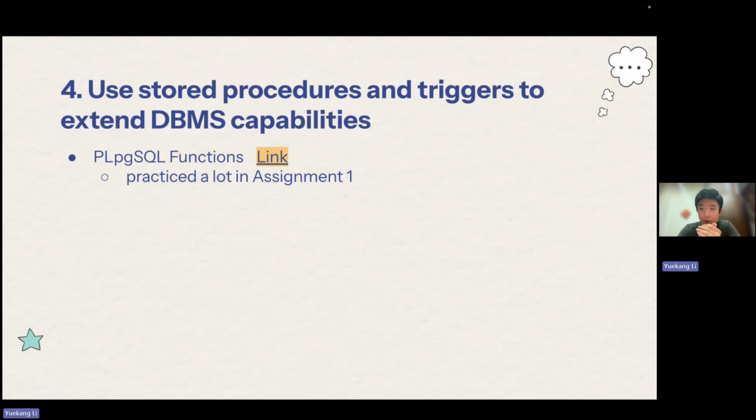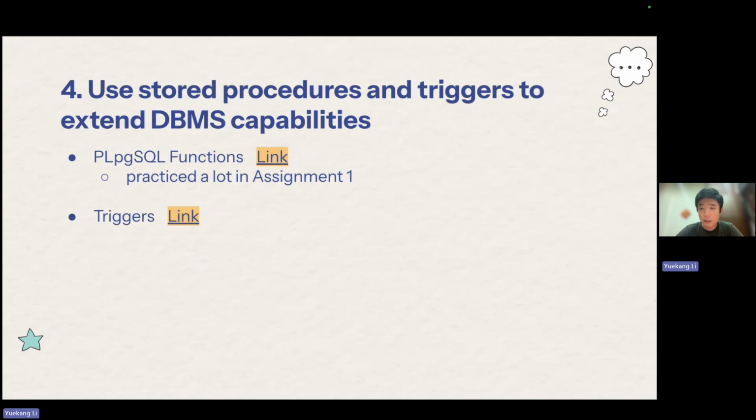What you should learn or address here is the PL/pgSQL function. Here's the link for the relevant slides, and I believe you have practiced a lot about how to write PL/pgSQL functions in assignment 1.